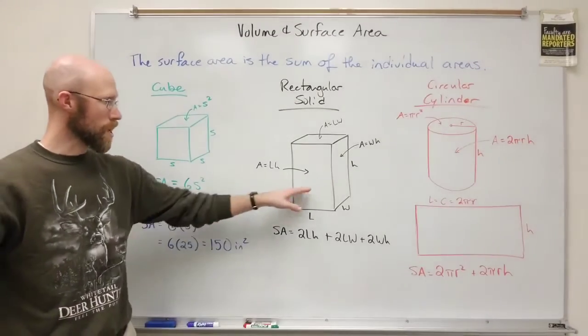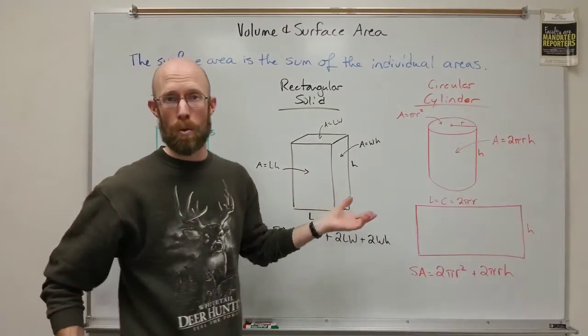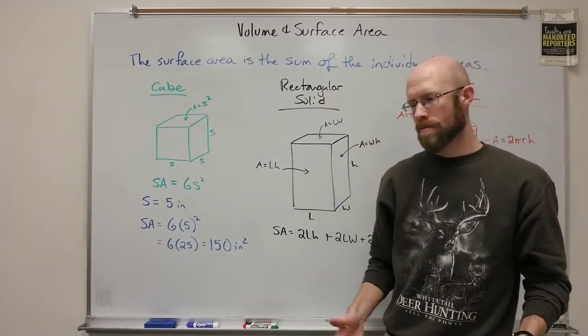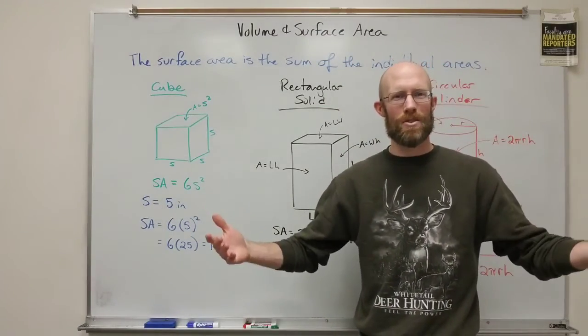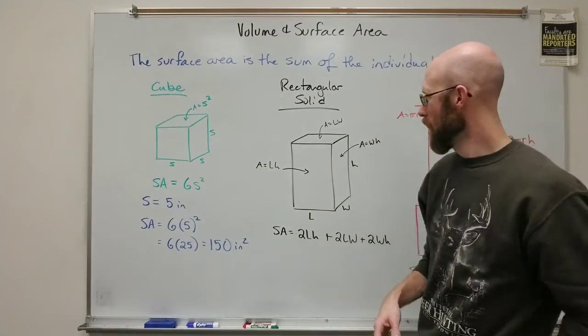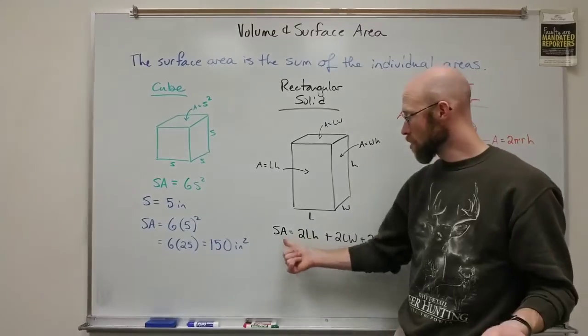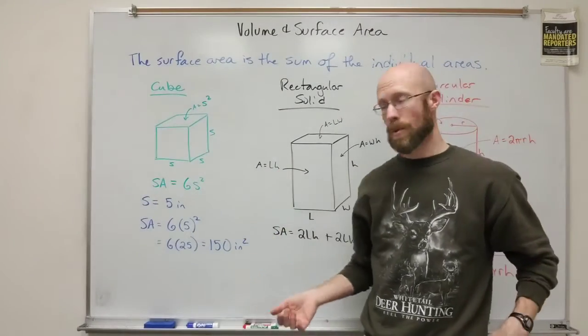Now, rectangular solid, here's an interesting application. If you were painting the inside of a room in your house, it's a rectangle in shape. Maybe you wouldn't paint the floor, but assuming you would for a moment, the amount of paint that you need is equal to the surface area of that rectangular solid.